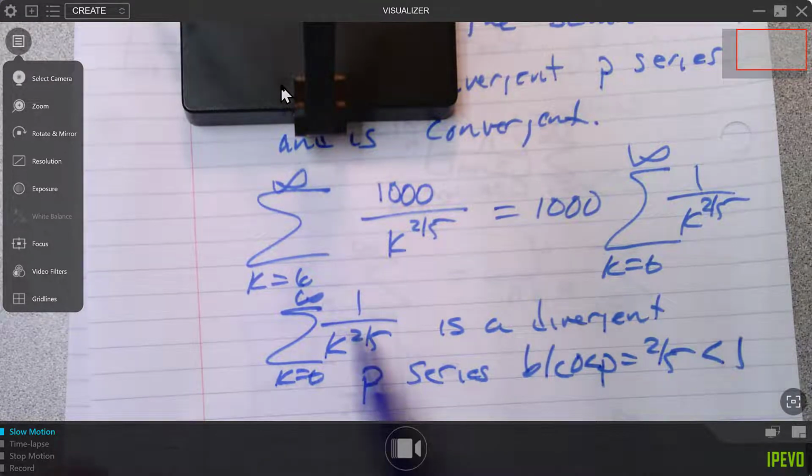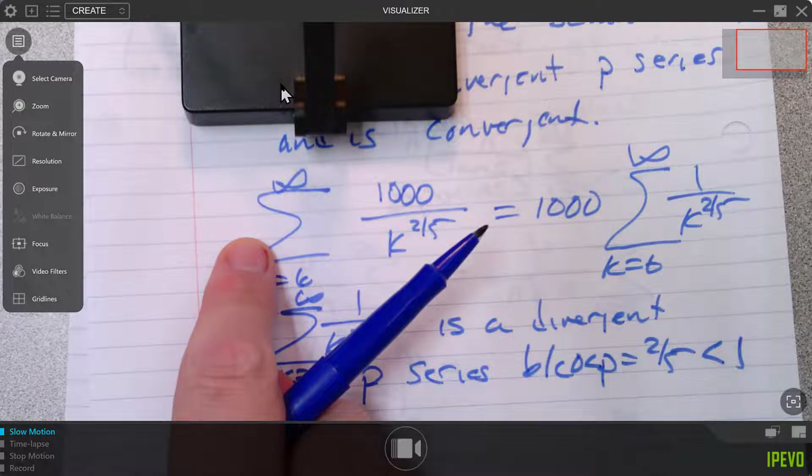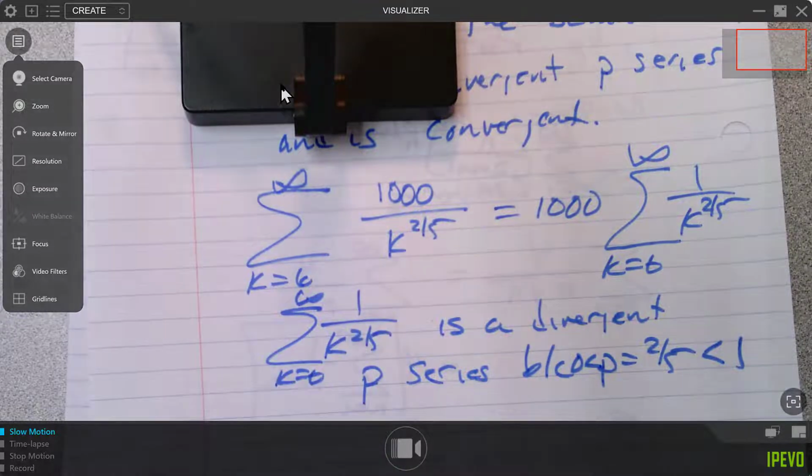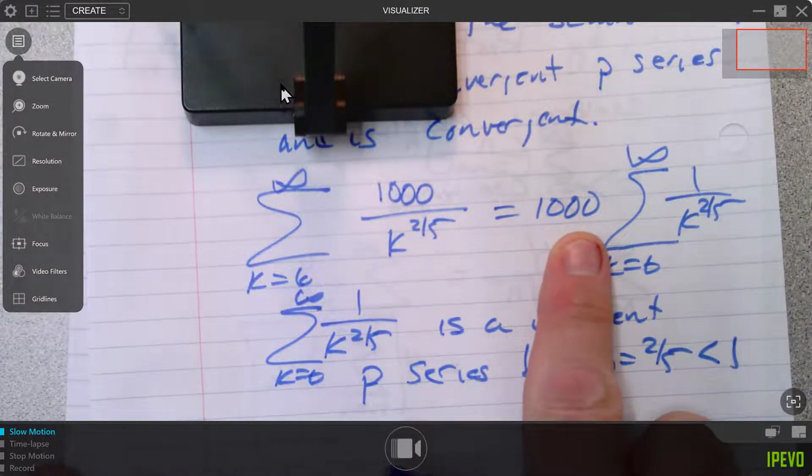Now, you have to be careful. If I take a divergent series, if I multiply it by 0, it converges because I'm adding infinitely many zeros. So I look at this number, it's a scalar multiple and it's non-zero.